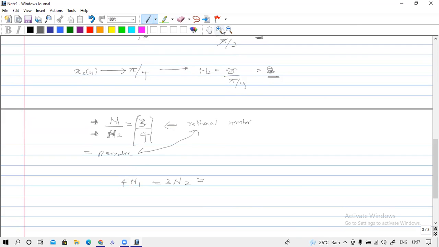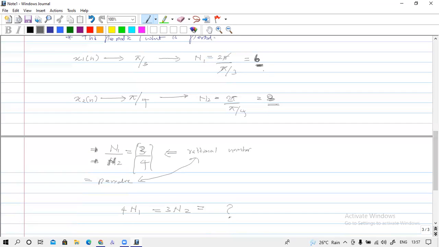You can type in the chat. You have this N1. So what is the value here? You already know this N1 and N2. It is 6 and 8.